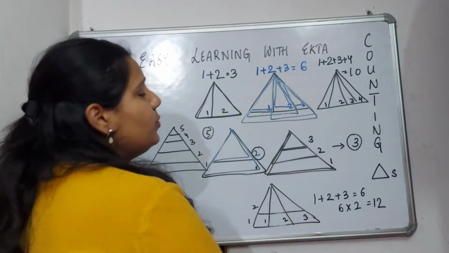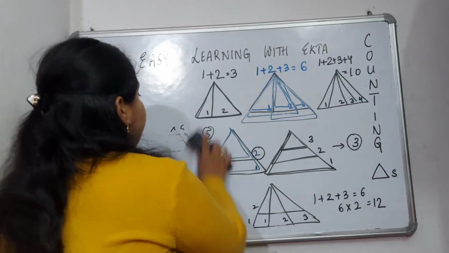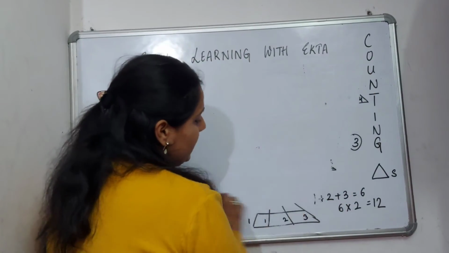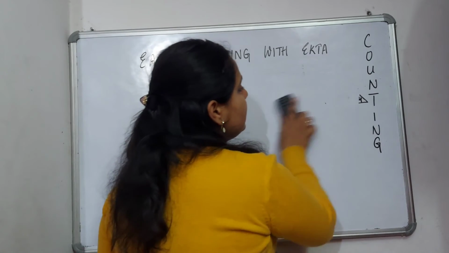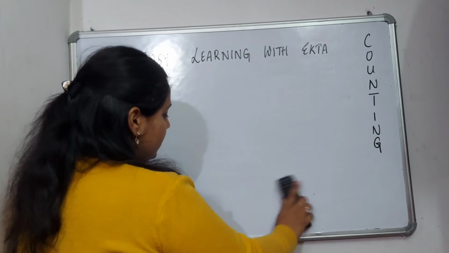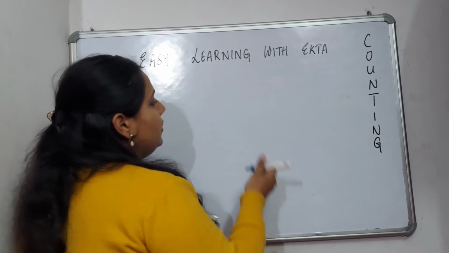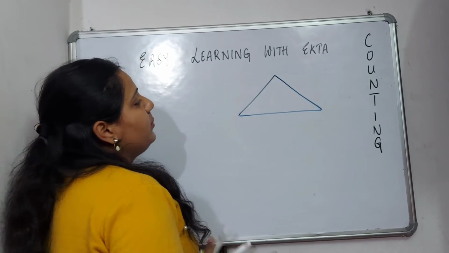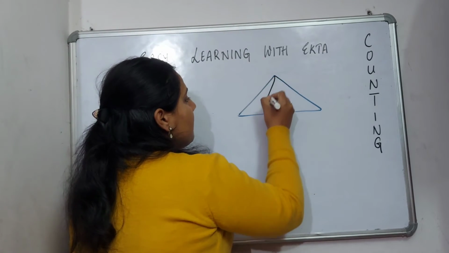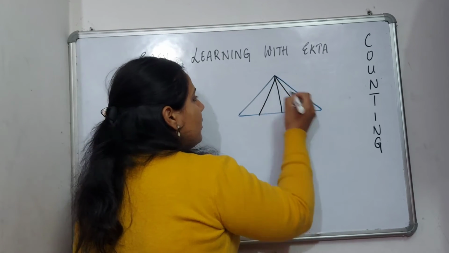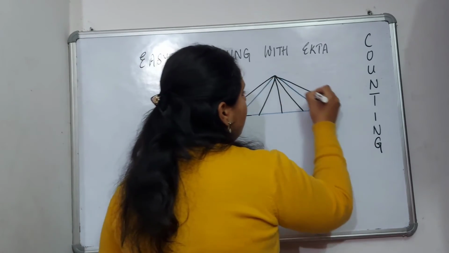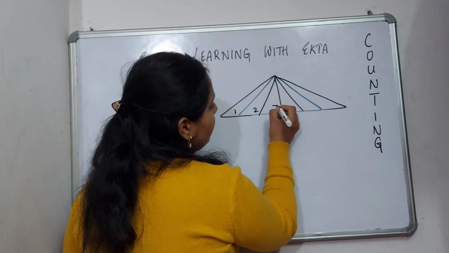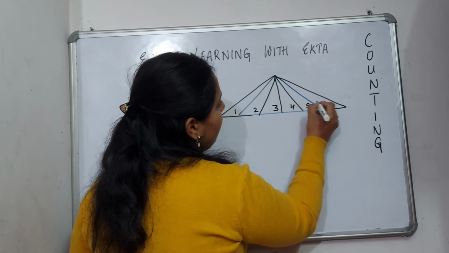Now let us try a few more examples to make it clearer. Let's start with part 1, the slanting figures. Then we will move on to verticals and horizontals together. If I take this triangle and make lines in between, how many triangles? 1, 2, 3, 4, 5 and 6.